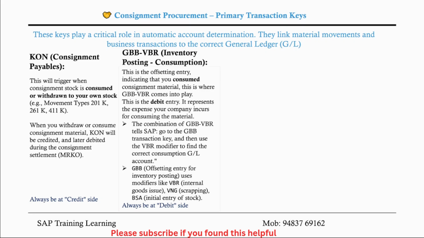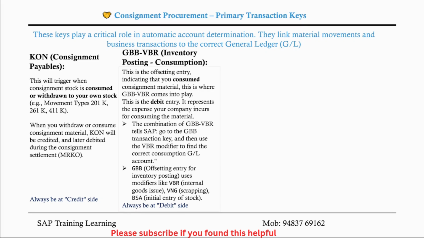I come to the first point. When you consume this consignment stock directly against your cost center, think of this example where your admin team uses consignment stock of A4 sheets against their department cost center. It is clear. Second, you are using this consignment stock against the production order.